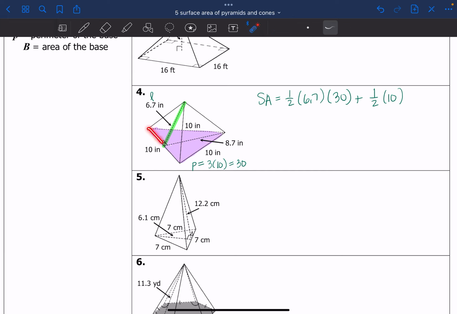And then for the height of that triangle, height always has to be perpendicular to the base. It's kind of hard to see, but there is a little square there. That means that this line is considered the height, and that is 8.7. Okay, so let's type this in all at once and round to the nearest hundredth if we need to. But I actually get another whole number. This is 144 square inches.